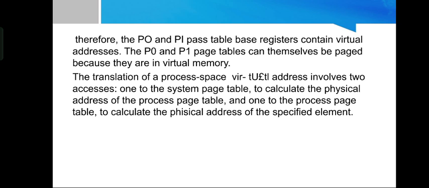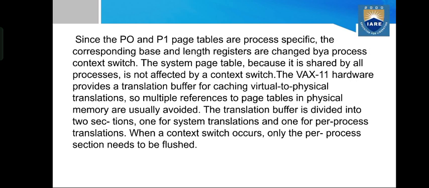The translation of a process space virtual address involves two accesses: one to the system page table to calculate the physical address of the process page table, and one to the process page table to calculate the physical address of the specified element. Since the P0 and P1 page tables are process specific, the corresponding base and length registers are changed by the process context switch. The system page table, because it is shared by all processes, is not affected by the context switch.